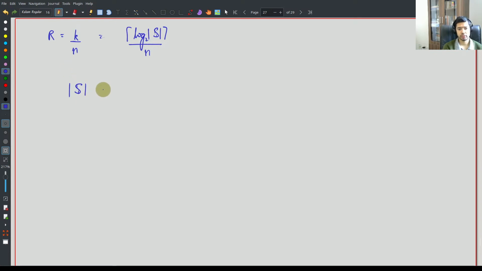Okay, so what is S? It is the set of all sequences for which the number of ones is between np into 1 minus epsilon and np into 1 plus epsilon. So firstly, what is the number of sequences of length n having, let us say, m number of ones?